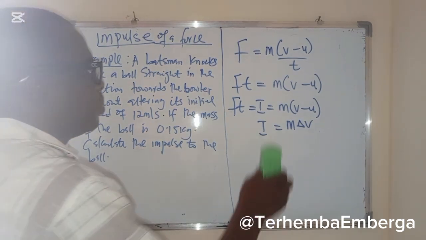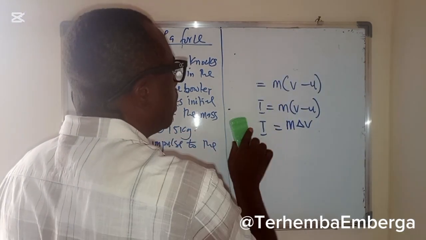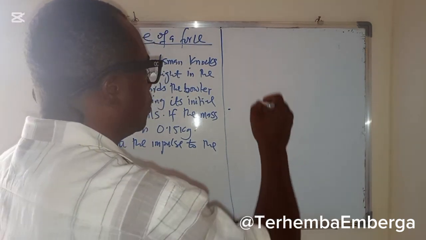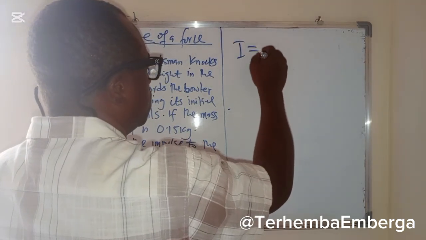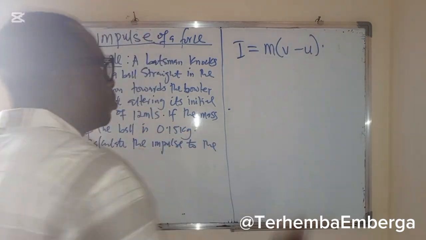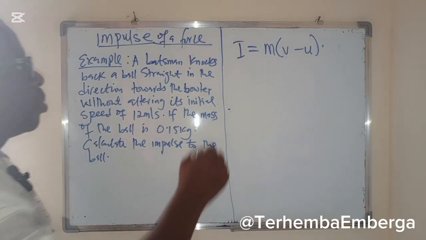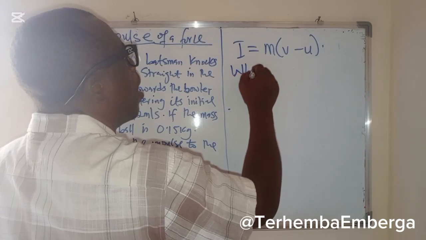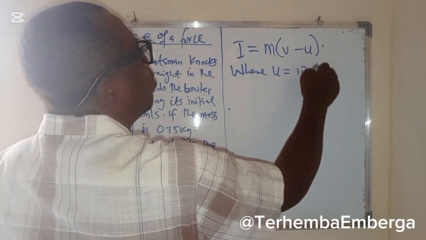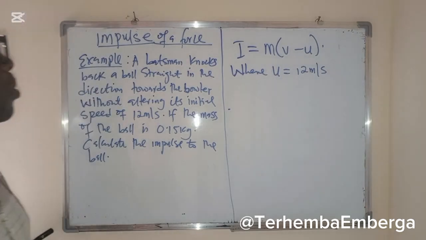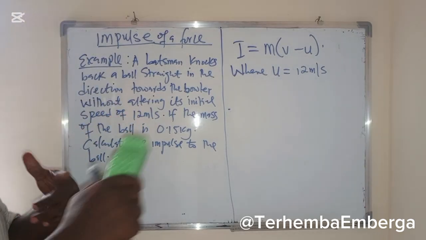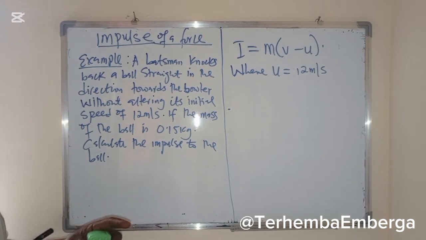It is simple. We simply appeal to this formula, impulse, where u is equal to 12 meters per second, and they say he hits the ball without altering its initial speed.